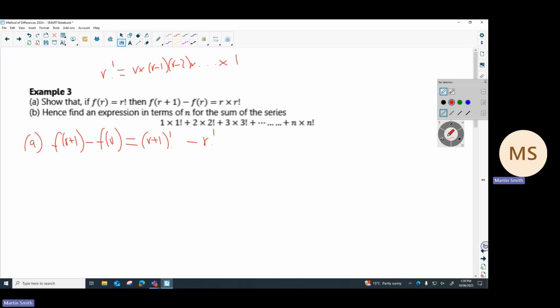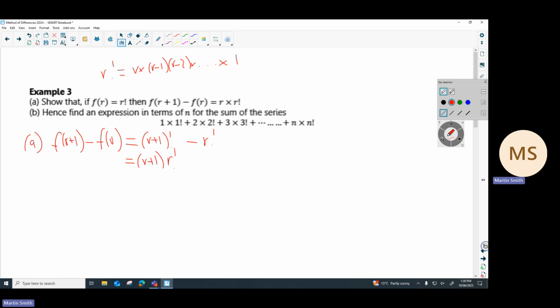Now, to write it in the form that's given, what I'm going to do is use the definition of a factorial to rewrite r plus 1 factorial. Here, I am multiplying together all of the integers from r plus 1 all the way down to 1. That's the same as doing r plus 1 times all of the integers from r down to 1.